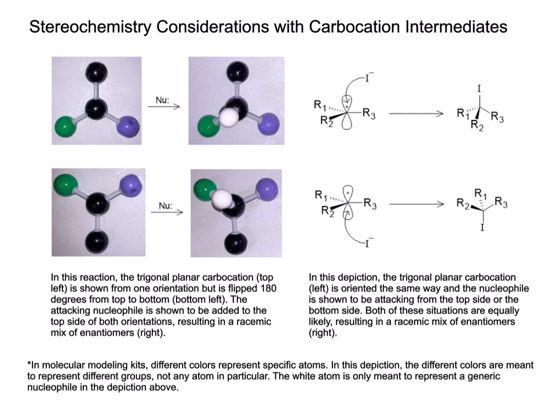Now, just a quick note, with molecular modeling kits, different colors do represent specific atoms. In this depiction, on that top left though, the different colors are just simply meant to represent different groups, not any particular atom. The white atom is only meant to represent a generic nucleophile in that depiction.